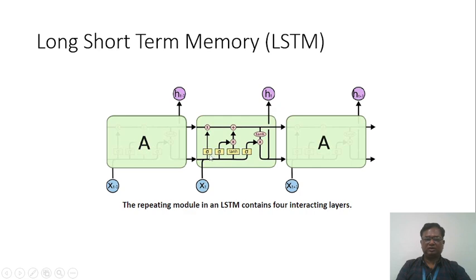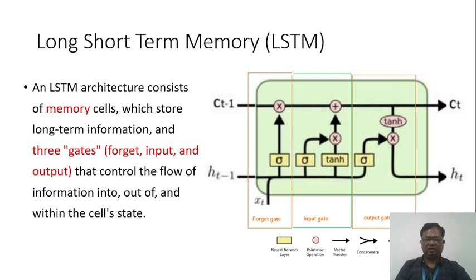The first part, sigma, multiplication, here addition, and here tanh activation, and the top one horizontal line we have. Now we'll see the architecture of LSTM. So LSTM contains a cell state, a single layer. The previous one is cell state t minus 1, the next state is cell state t.